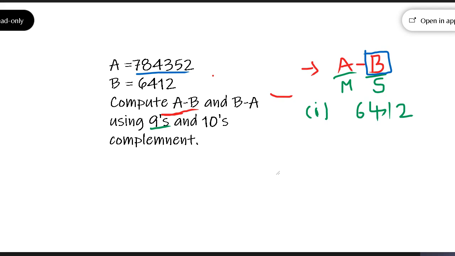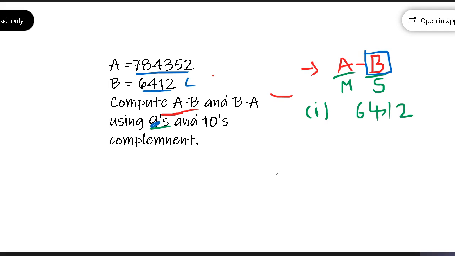If not, what will you add? It's nines complement here, so you add nines.